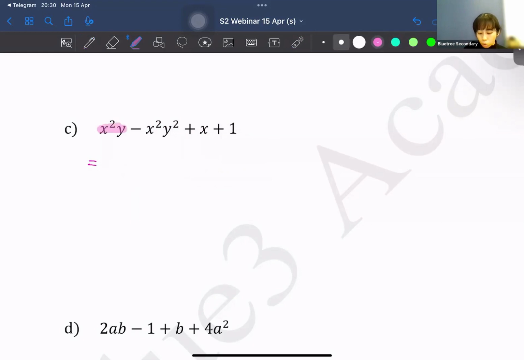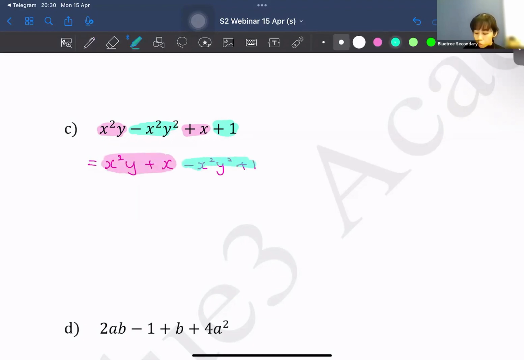So I'm gonna group this term together with this term, and this term together with this term. So this is my first group in pink.